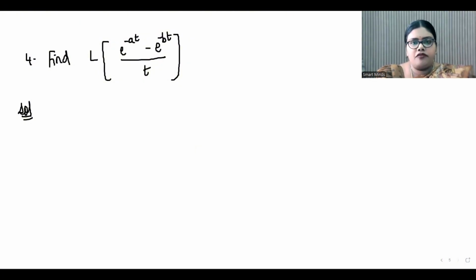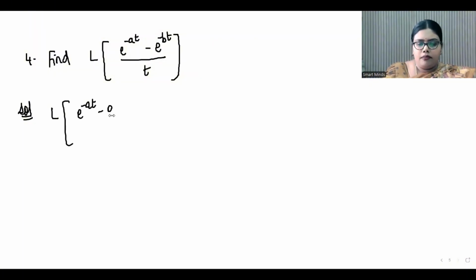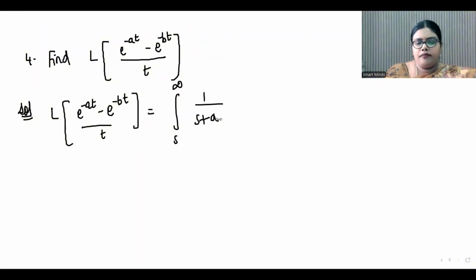Take the next question. Find L of e power minus at minus e power minus bt by t. Now this is integral s to infinity 1 by s plus a minus 1 by s plus b ds.